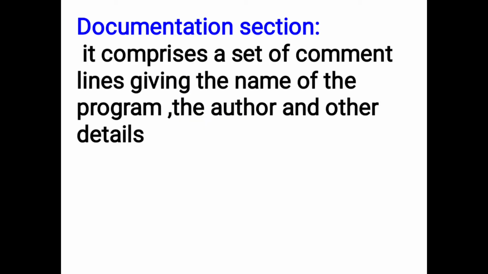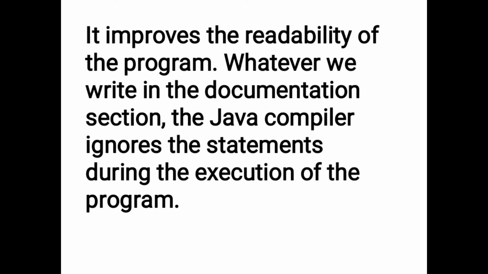First one is the documentation section. It comprises a set of comment lines giving the name of the program, the author name, and other details like when the program was implemented, what the program name is, etc. It improves the readability of the program.